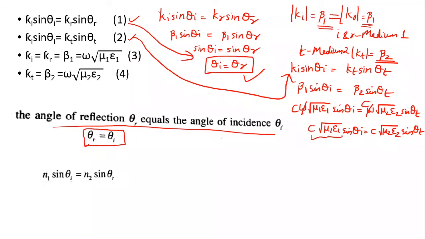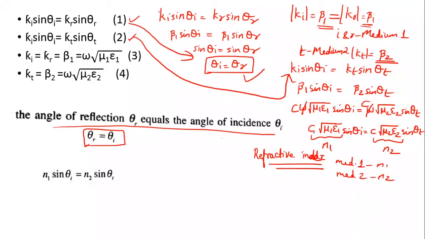This term c square root of mu 1 epsilon 1 is called n1, c square root of mu 2 epsilon 2, that is n2. These are the refractive indices: of medium 1 is n1 and of medium 2 is n2.